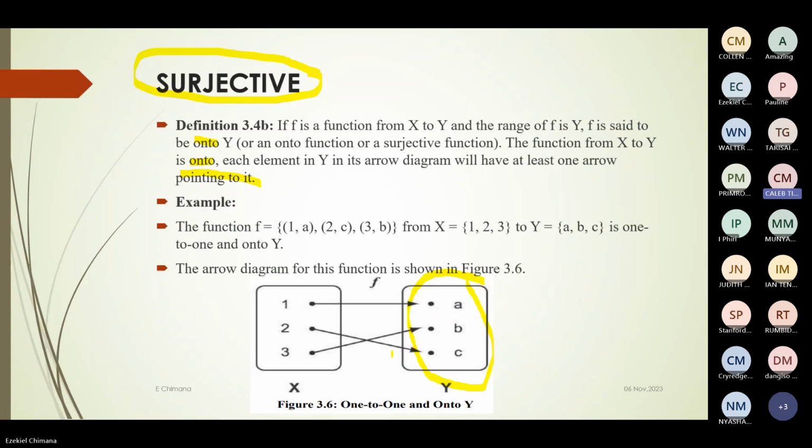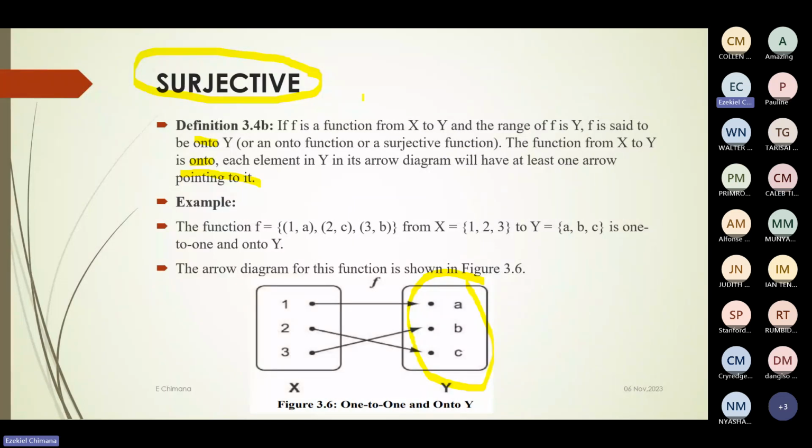No, I'm saying we can remove the arrow from 2 to C. Then we point at B. Okay, let's give an example. I wanted two horizontal lines.